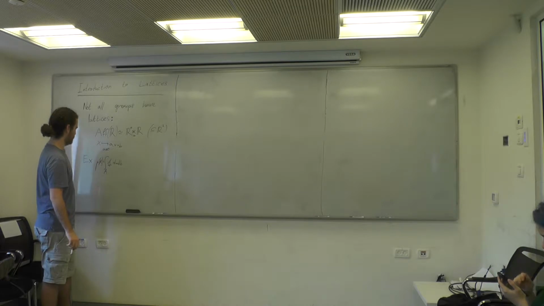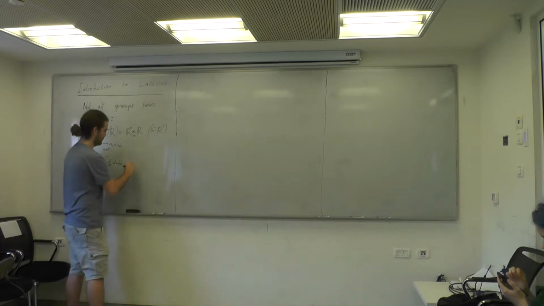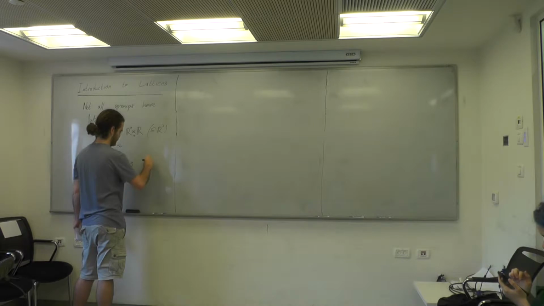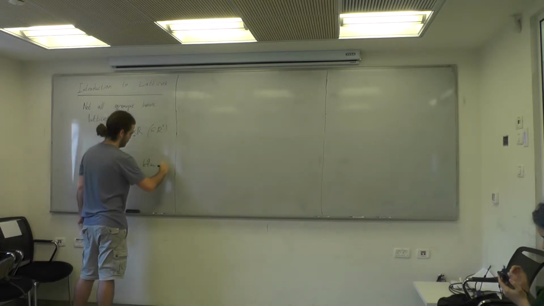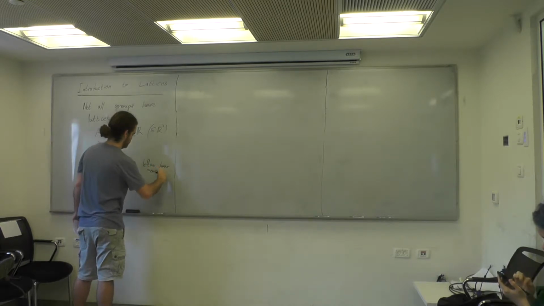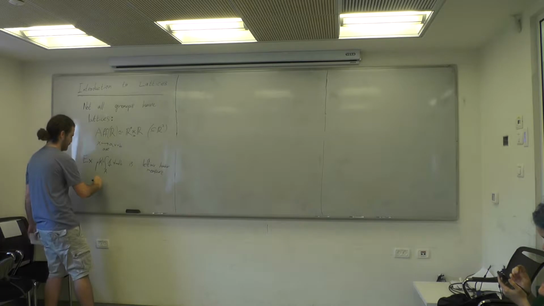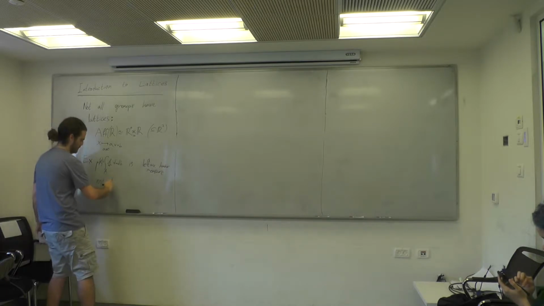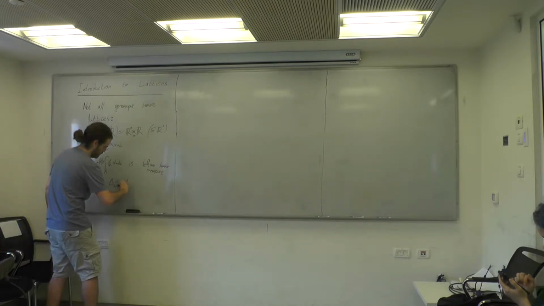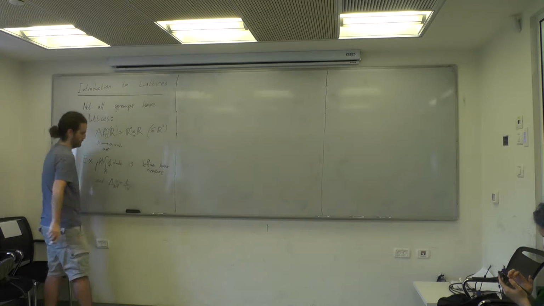The exercise is that this is a left invariant Haar measure, and its modular character is given by 1 over absolute value of x.